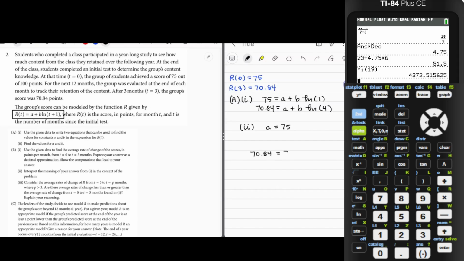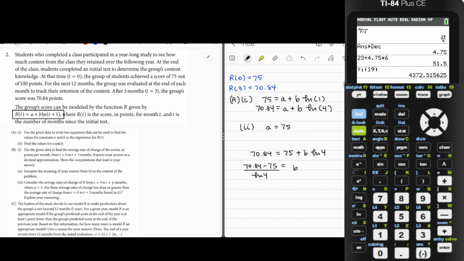70.84 equals 75 plus b natural log of 4. So I could subtract the 75 from the 70.84, and that would equal b times the natural log of 4. Well, maybe I'll just divide both sides by the natural log of 4, and that'll be equal to b.